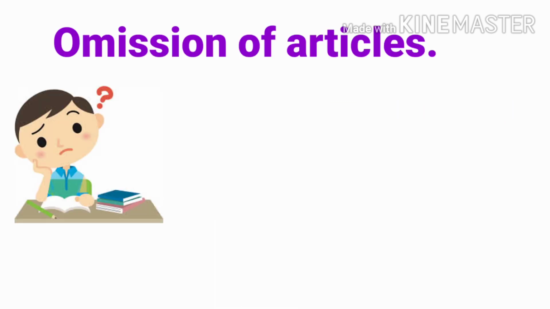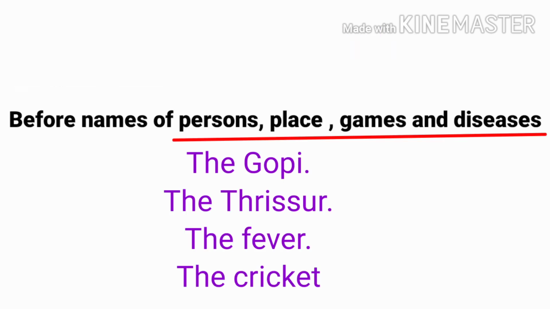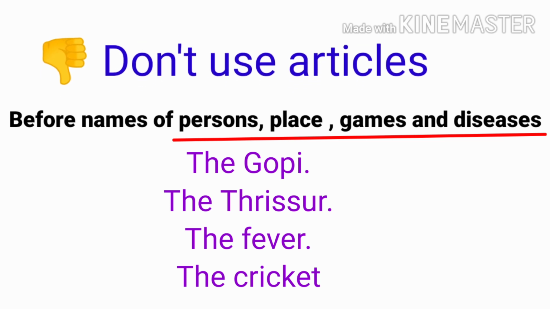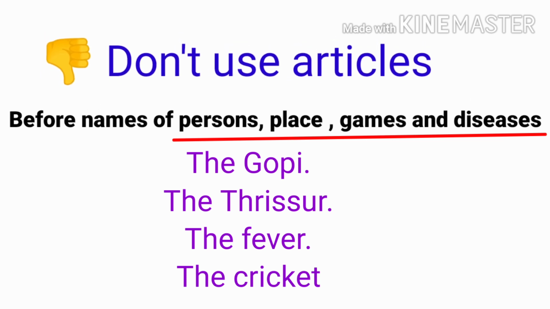Students, in some cases, we can see the omission of articles. We don't want to use articles. So, we can see that. Before names of persons, place and games and also disease, we don't use articles.